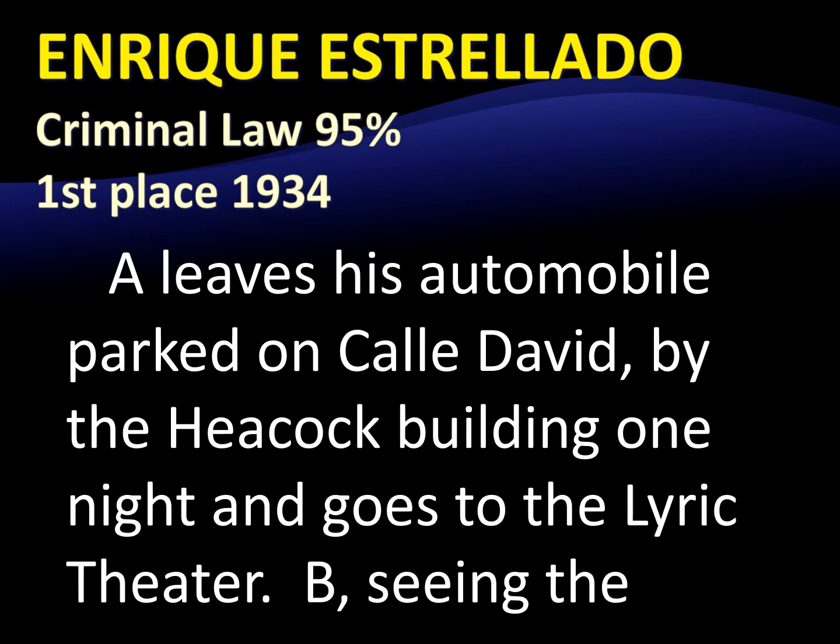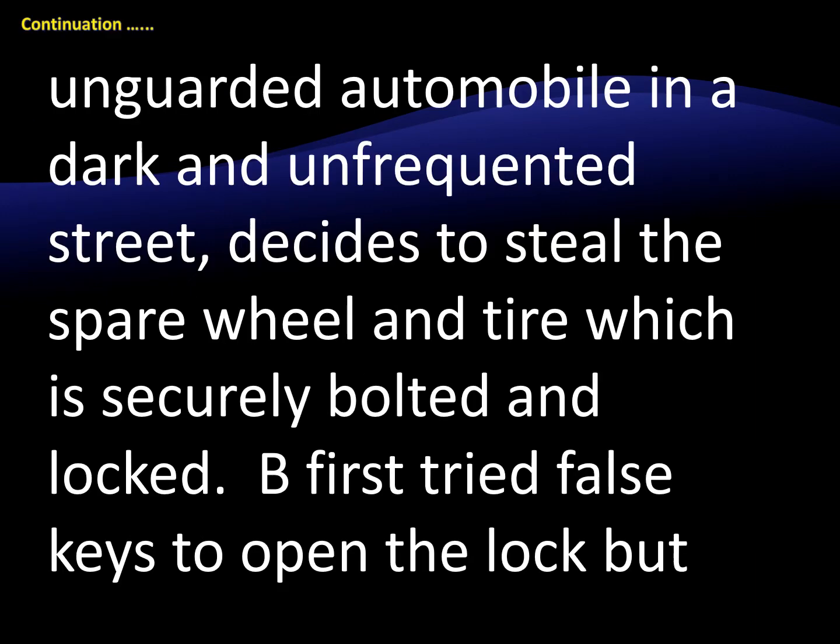A leaves his automobile parked on Calle David by the Hickok building one night and goes to the Lyric Theater. There's no relation at all to solving the problem. B, seeing the unguarded automobile in a dark and unfrequented street, decides to steal the spare wheel and tire, which is securely bolted and locked.